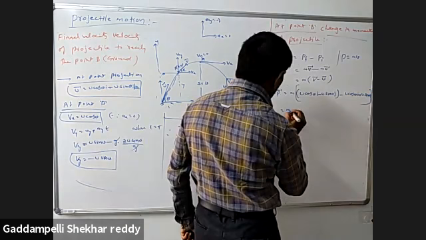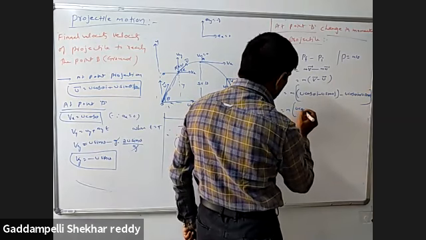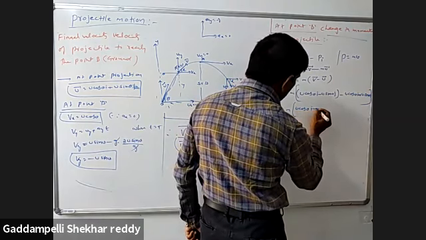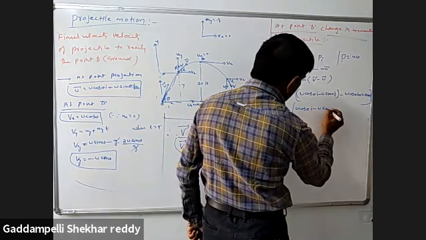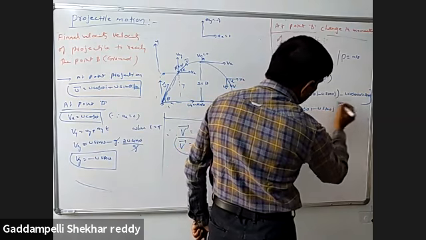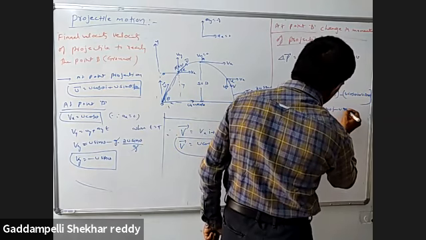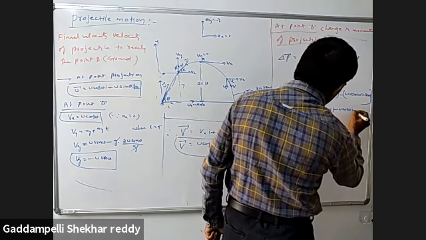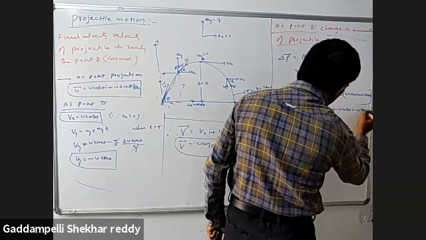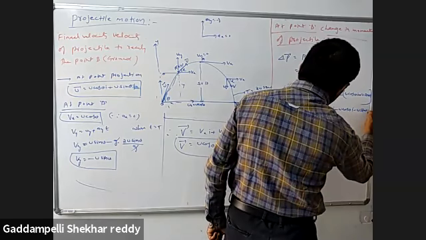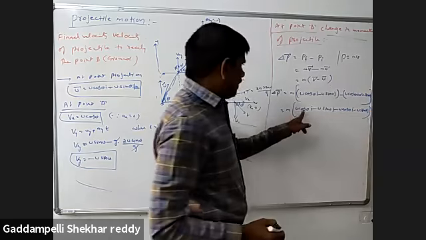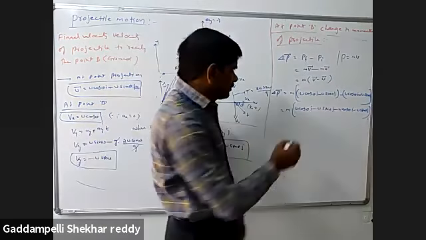That is equal to m into u cos theta i minus u sin theta j. So here the bracket is removed: minus u cos theta i minus u sin theta j. So here plus u cos theta and minus u cos theta get cancelled.